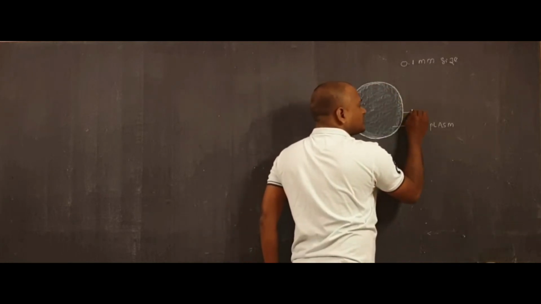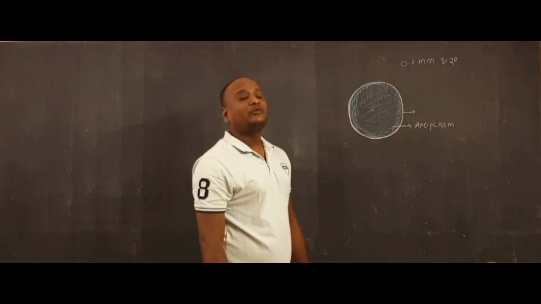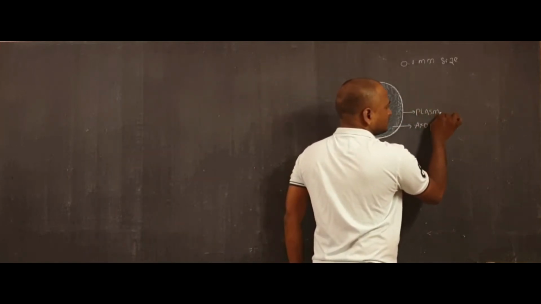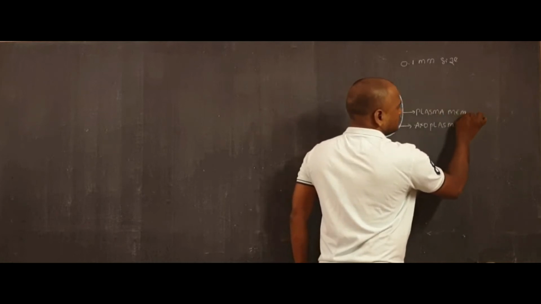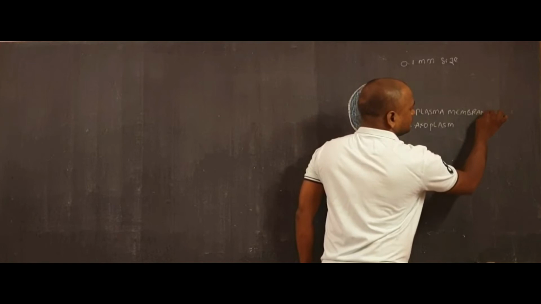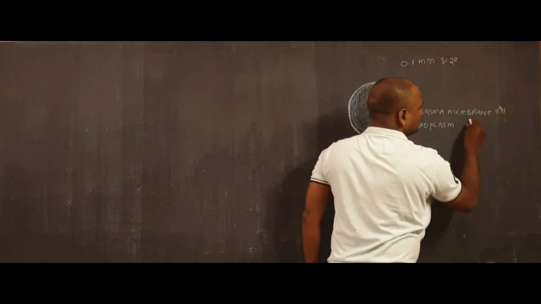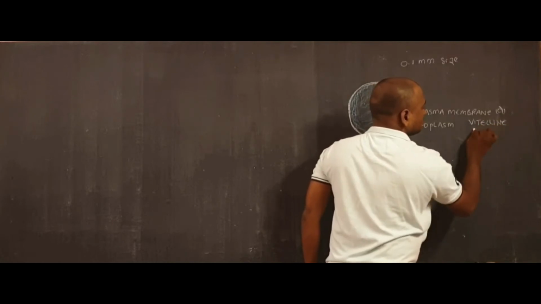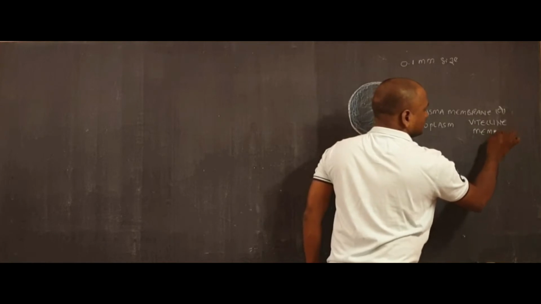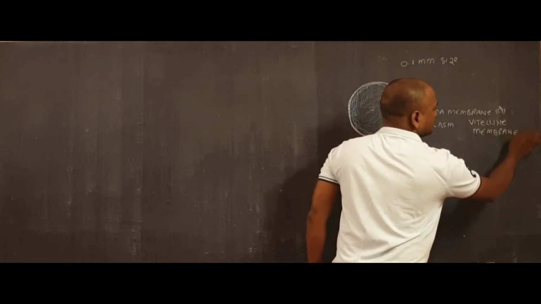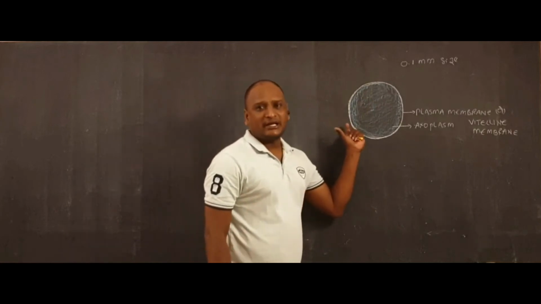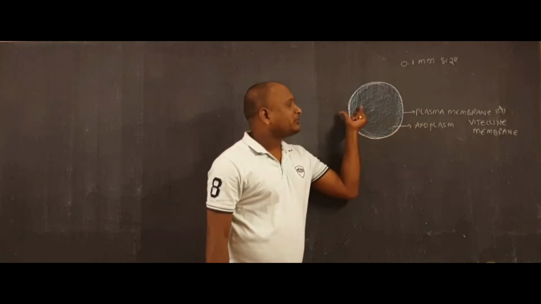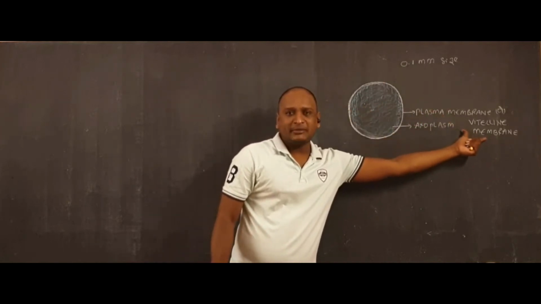That membrane is also called the plasma membrane or vitelline membrane. You already know that every cell is surrounded by one plasma membrane. Here it is also called the vitelline membrane.